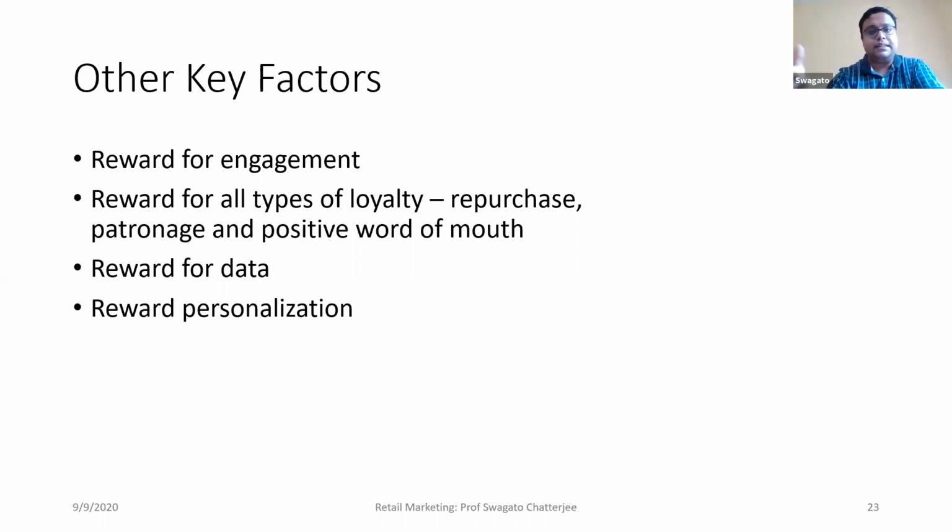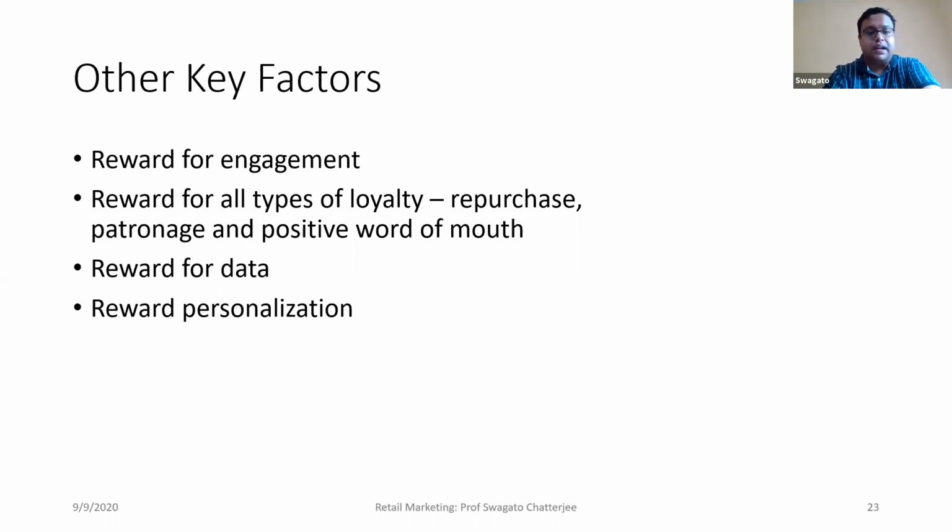Reward for data. This is something that we give. If you give access to your data, your Facebook, your Twitter, if you join your Facebook or Twitter account, or if you link a certain credit card with this particular company's website, then you get certain benefits. That is basically a reward for data.